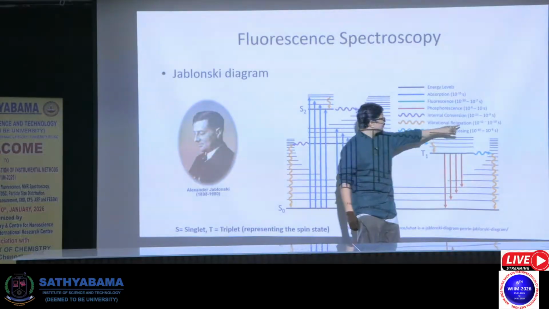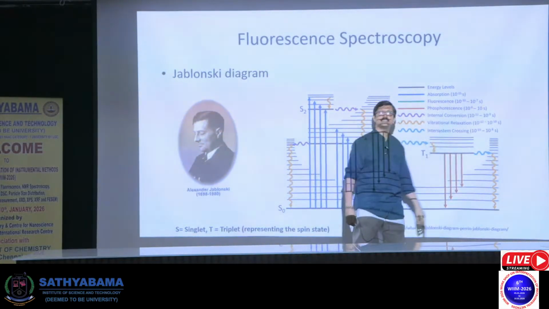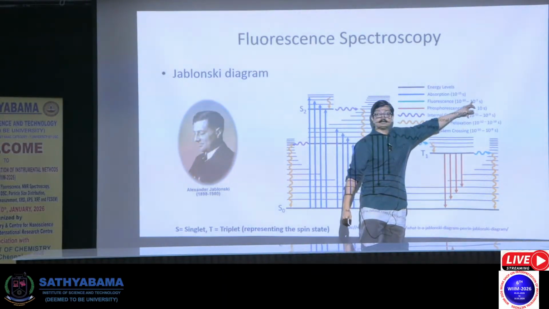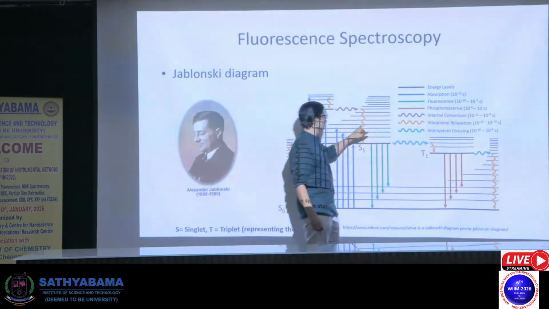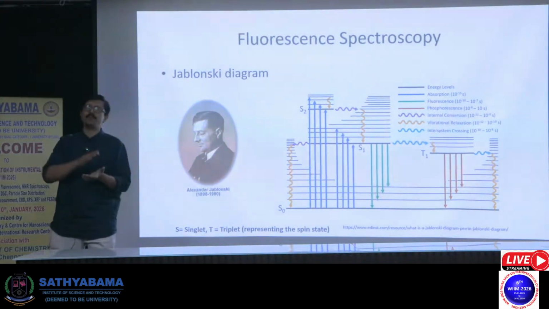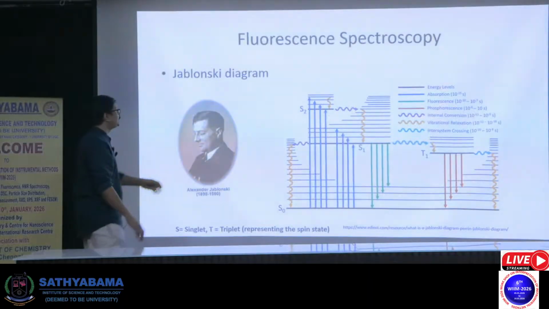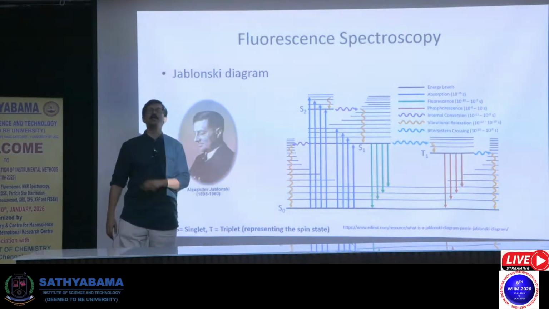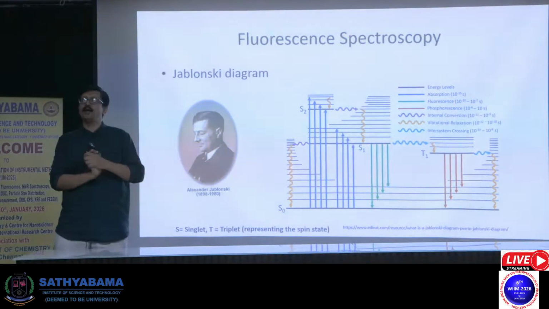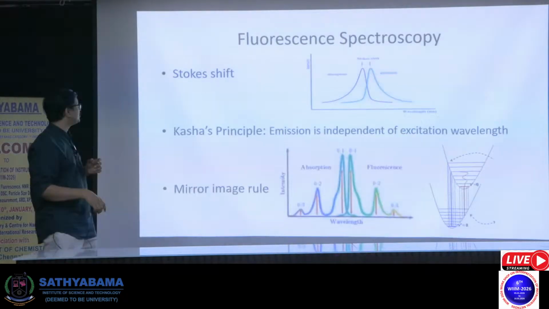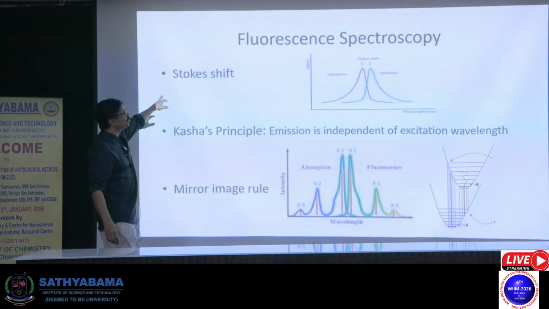This time scale is 10 to the power of minus 12 to minus 10 seconds, whereas this is minus 10 to minus 7. So this process is faster than this one. That means it happens first. It excites, loses some energy, and only then emits. That is the reason why emission is always red shifted compared to the absorption. Some energy is lost. Next slide. So that shift is called Stokes shift.